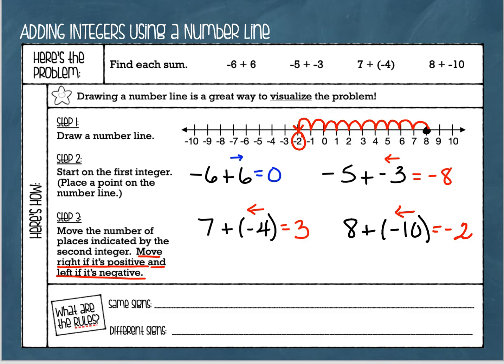So the rules, remember, when we are adding integers, if we have the same sign, right? So let's look at our example right here where we had the same sign. We had -5 plus -3. When I had the same sign, I had a 5 and a 3, and I ended up with an 8. So I just added my numbers together, right? So we're going to add the numbers.